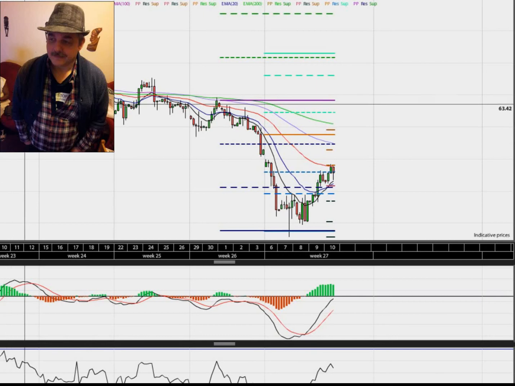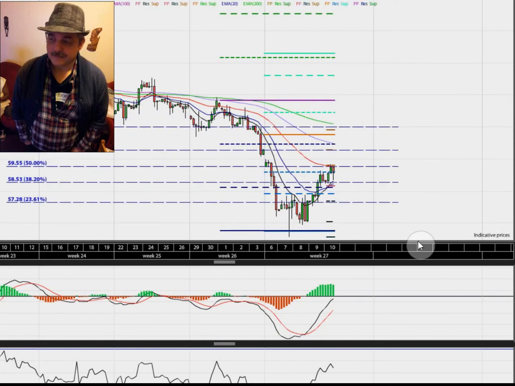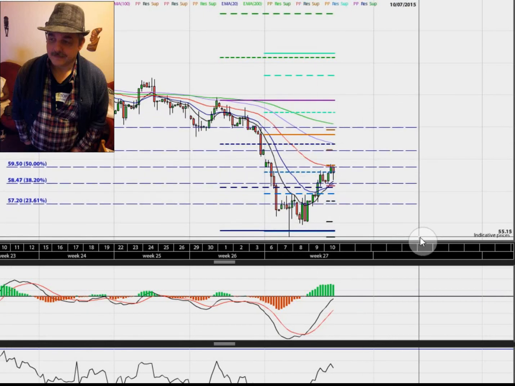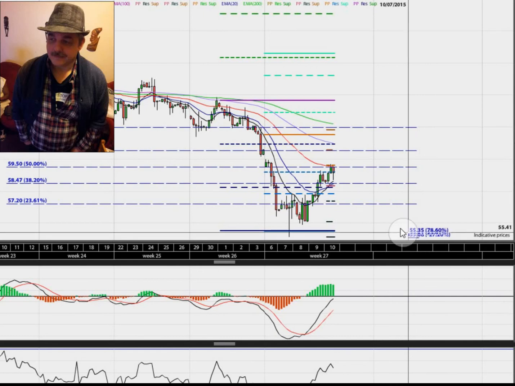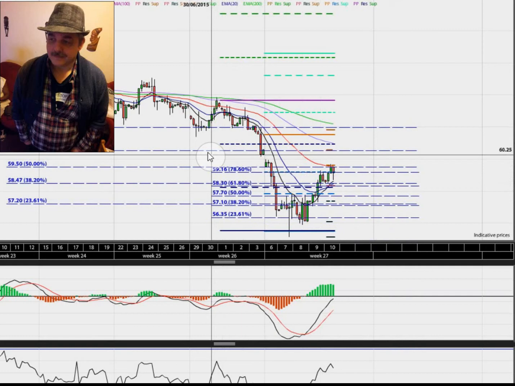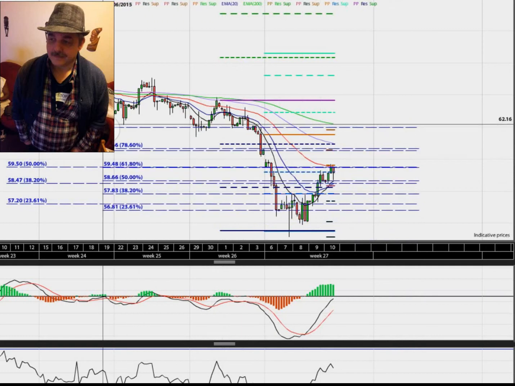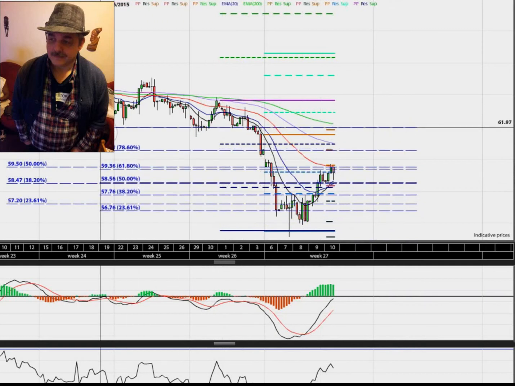So first port of call is to draw some Fibonacci levels in. For those of you who don't know what Fibonacci levels are, they are levels used by the big dog traders. There we have a cluster from that high there.